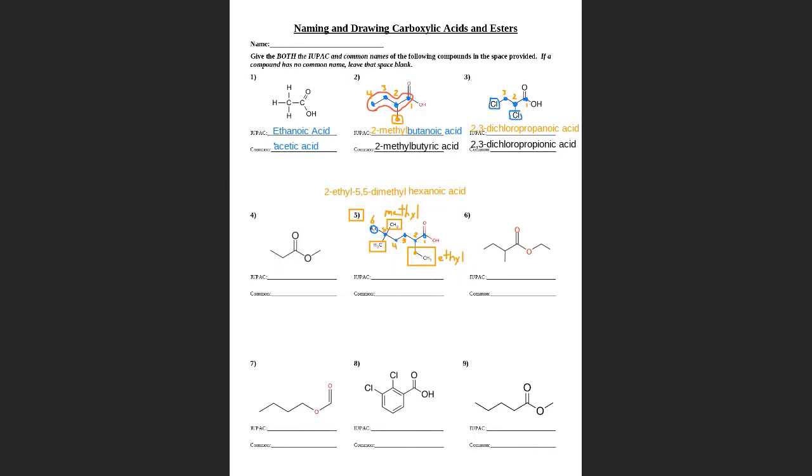All right. Let's take a look at some of these esters. Esters are actually very much like ethers when it comes to how you name them. One of the things that I like to do with esters and ethers is to separate it based on each side of the oxygen.